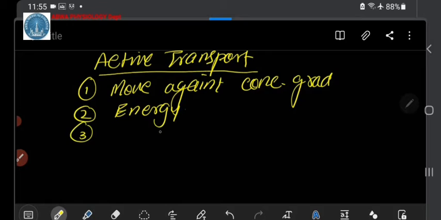Number three, there is some mechanical or structural kinetics involved. For example, you have to push against the resistance. So there should be an energy needed, and there is some kinetic or mechanical energy that is used to push the specific type of molecules or solutes against the concentration gradient.